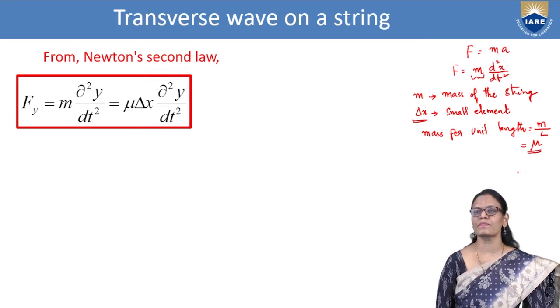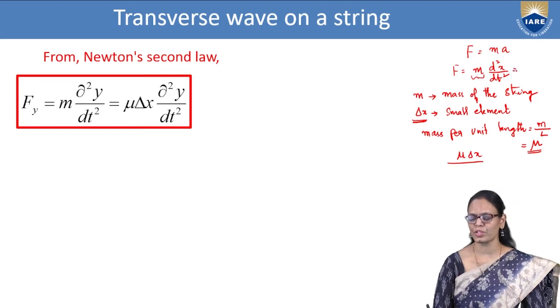So mu gives the mass per unit length of the string. Now what will be the mass for the Δx element? That will be mu into Δx.